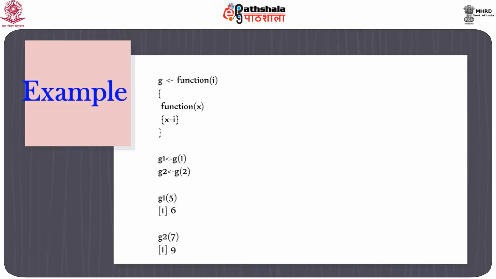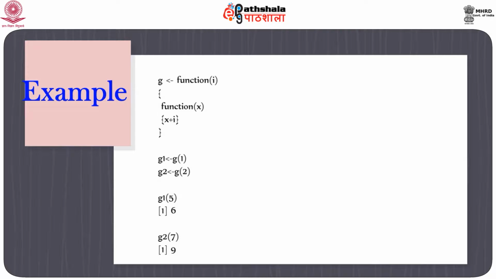Now, if we write down g1 of 5, then we will be having 6, and so here actually 5 is added up with 1 and we are getting 6. Similarly, g2 of 7 will result 9 as 2 is added up with 7.